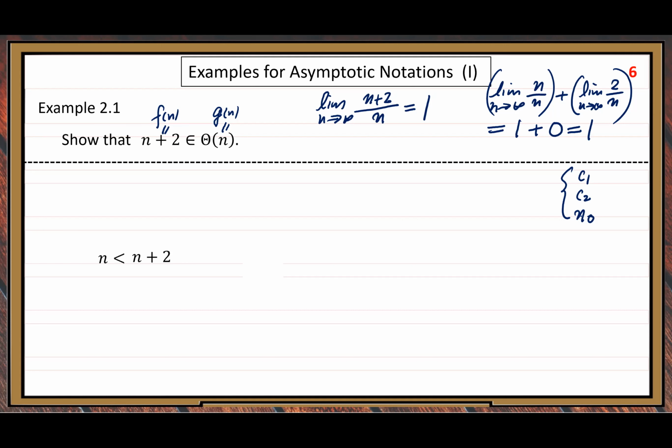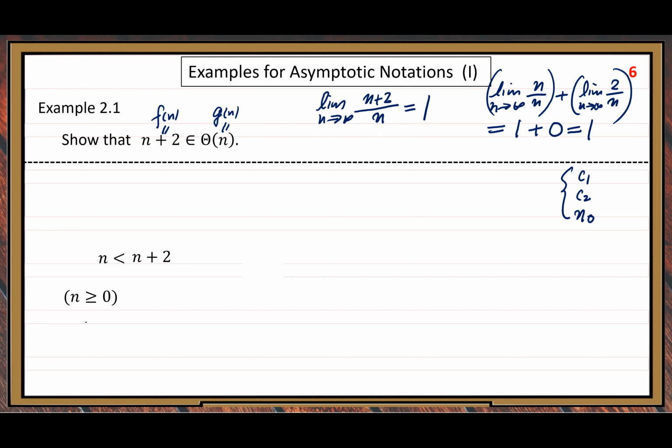How about 1 times n? Because we ignore that plus 2, the value should be smaller. So n is less than n plus 2. That's trivial, but we get one constant, right? And we need to know when this inequality holds: when n is greater than or equal to 0, it holds.